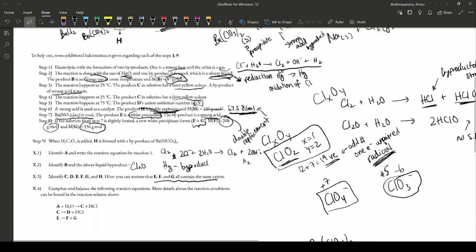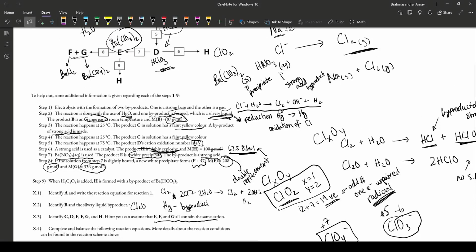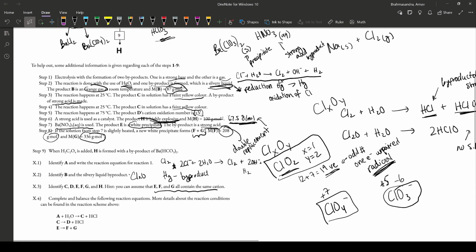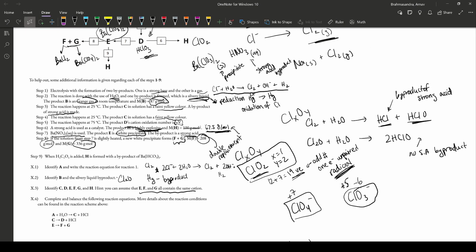So it's useful to go through some cheat sheets with a bunch of information about the oxygen compounds of these elements, because it helps you become more aware of the different compounds, and you don't have to decode as much if you have some previous knowledge. But you can see that this was doable if you used some reasoning skills and a little bit of educated guessing.